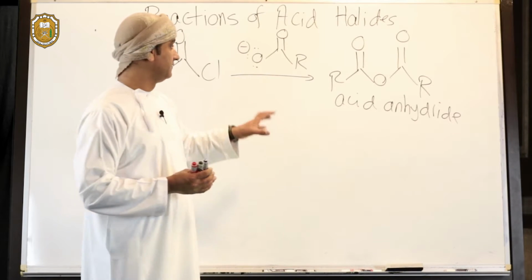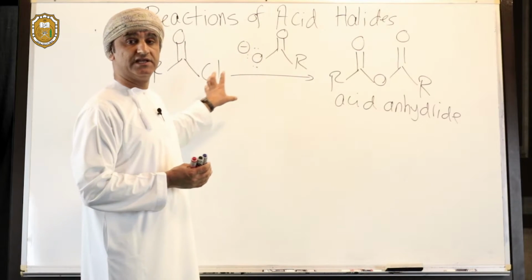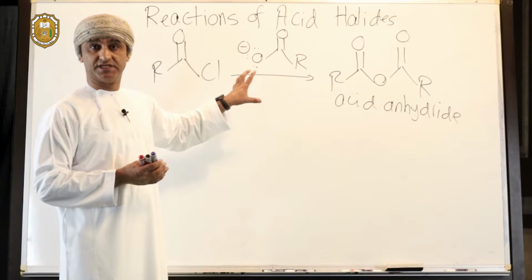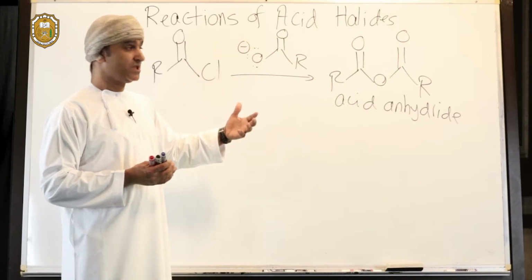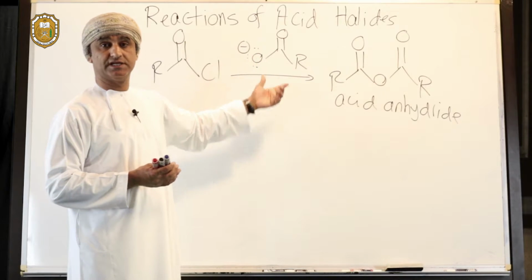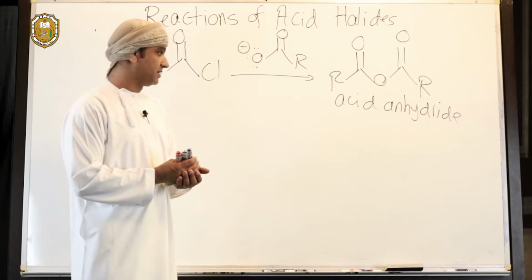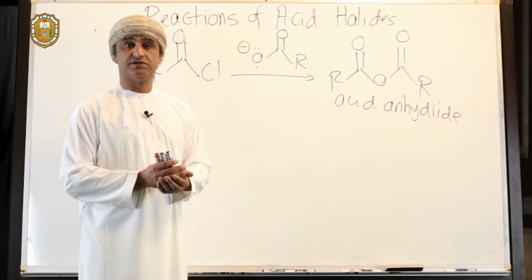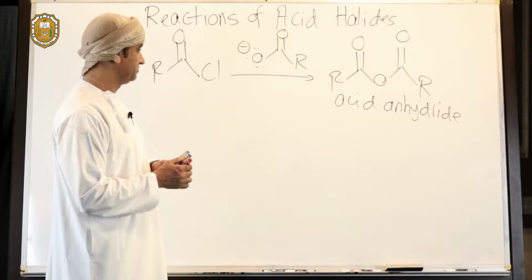That's because of the nucleophilicity, of course, of the nucleophile and the leaving group ability. For example, the chloride ion, which is the leaving group in this reaction, is a better leaving group than the carboxylate ion itself. Okay, so this reaction is possible, and the reverse would not be possible.